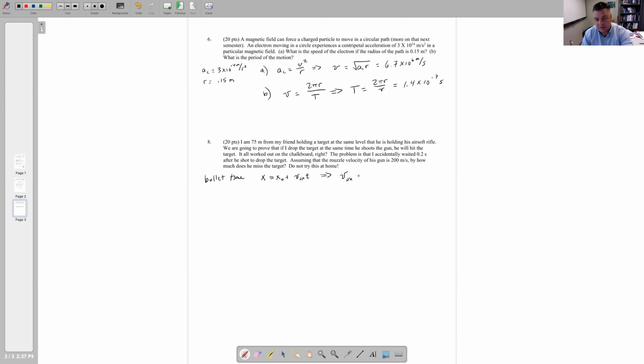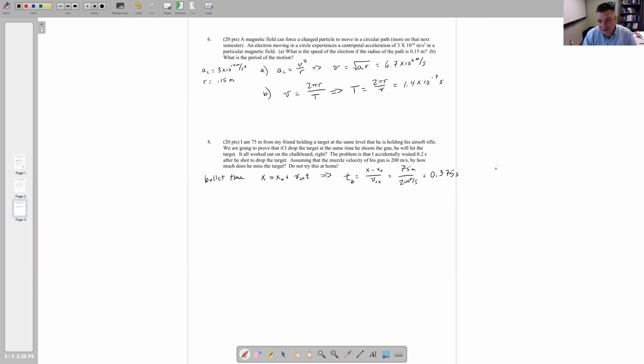Or, sorry, I know v naught x is 200 meters per second. t is going to be x minus x naught over v naught x, or 75 meters divided by 200 meters per second, which is 0.375 seconds. So that's how much time the bullet had in the air.